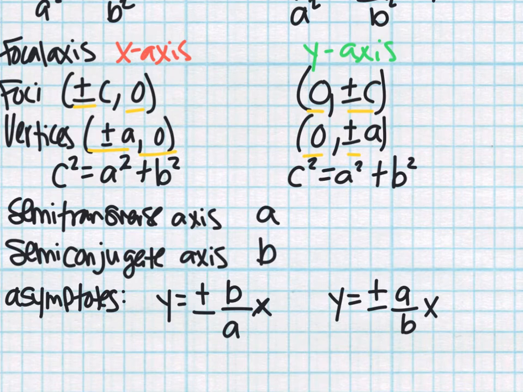If we have center h, k, that's going to change. At this point, if you've been paying attention to the patterns that we've seen so far for parabolas and ellipses, when we go from 0, 0 to h, k, you should probably be able to figure out what is going to change in each of these. So let's write down all the key points and features of a hyperbola with the center at h, k.